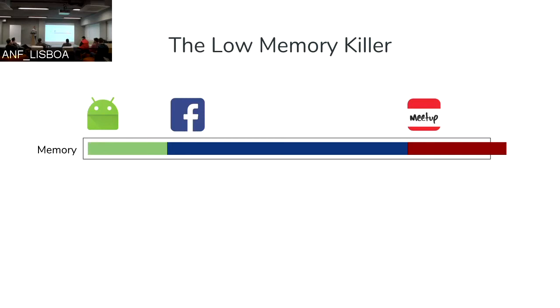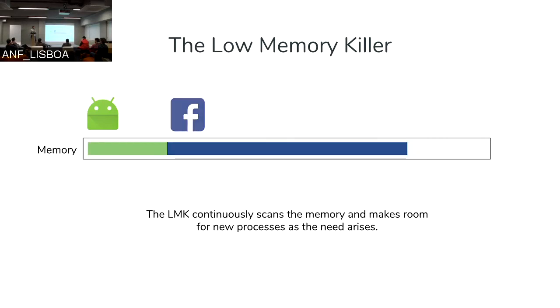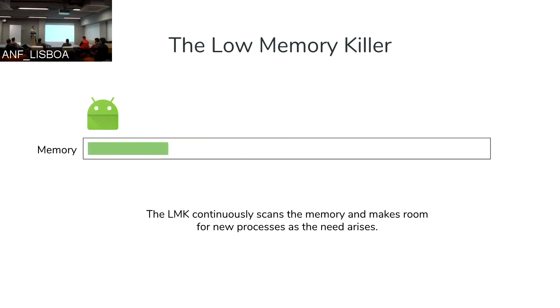And you need something that monitors the whole thing. What happens is your app will not get run because it doesn't have enough memory to do it. Instead, Facebook gets killed and Meetup runs. Okay. It's really simple. There's nothing to it. There's nothing you can do about it except use less memory to avoid being killed.